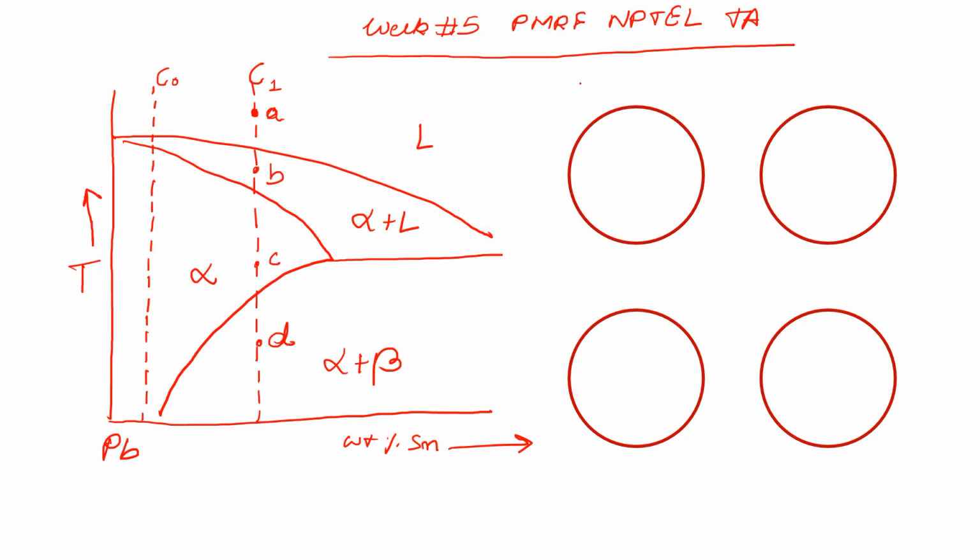So at point A we have 100% liquid of composition C1.